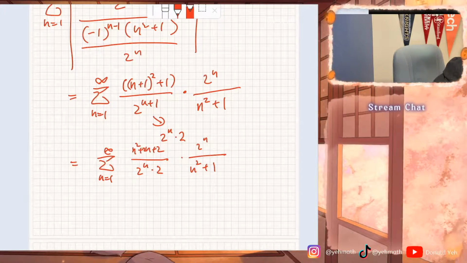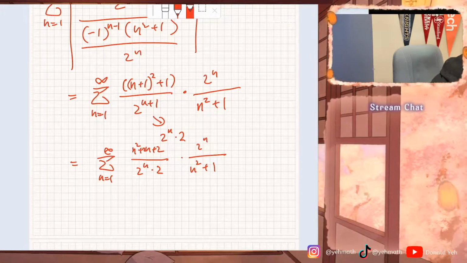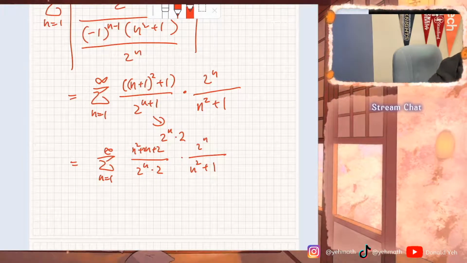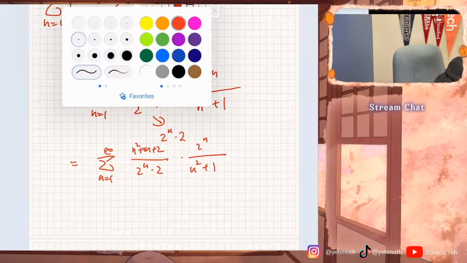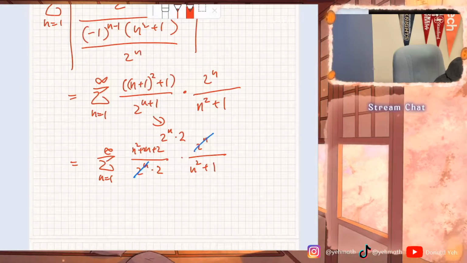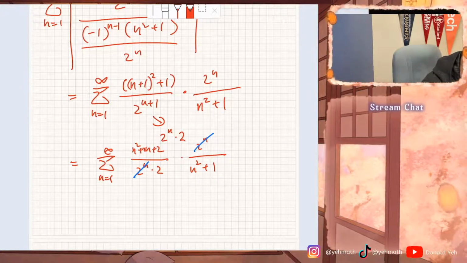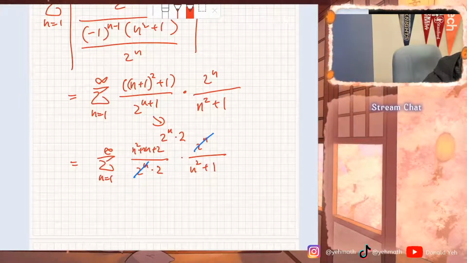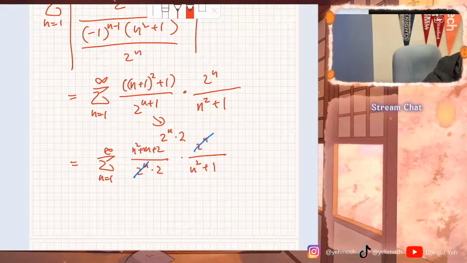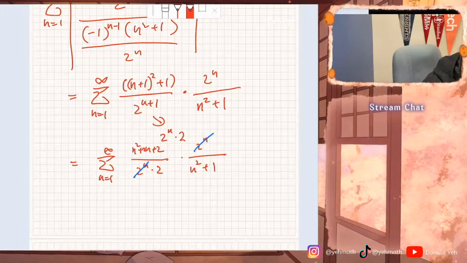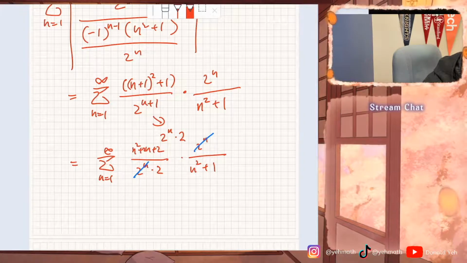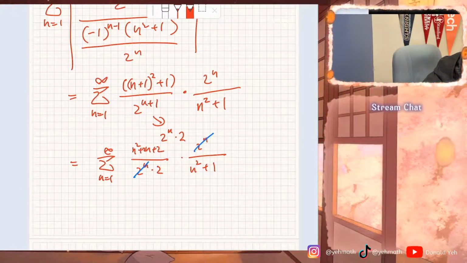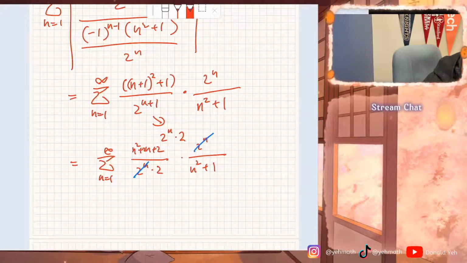N squared plus 2n plus 2. That's true. Why do you split it up? I split it up because I can cancel them. No, above n plus 1 squared. N plus 1 whole squared. That one is never... wait, which one?